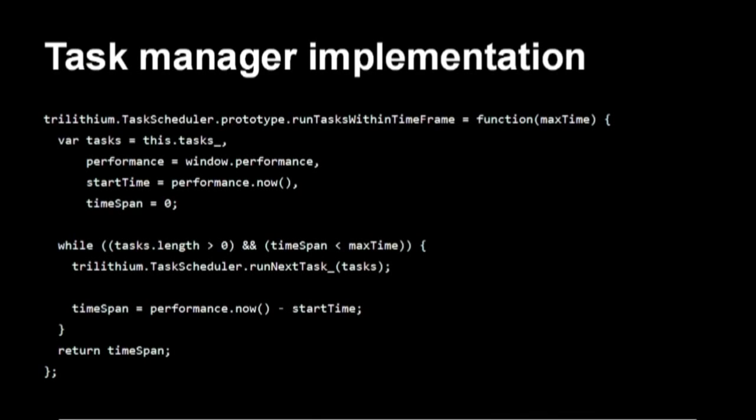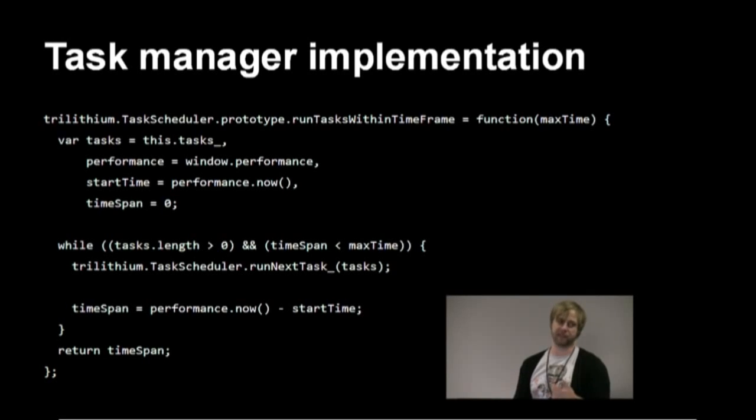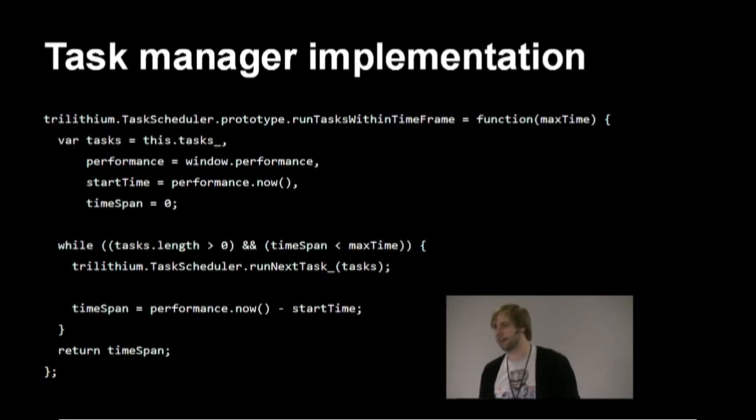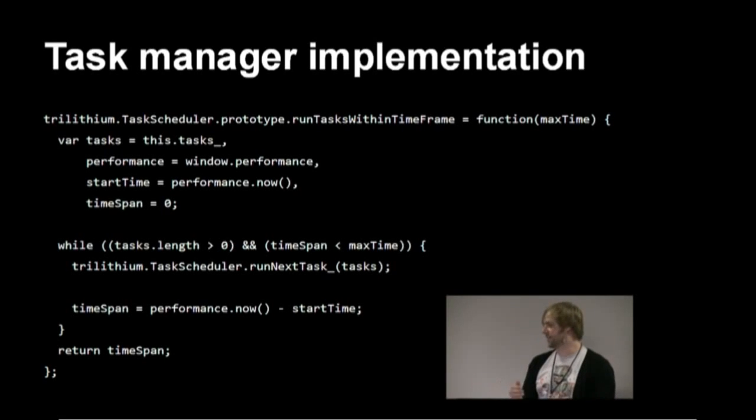Obviously our task manager, nothing special. First in, first out. We look at the number of tasks. We compare it to whatever our maximum time span is. We pop a task, we run it, we check it, and we keep going until we either run out of tasks or we run out of time. Like I said, nothing special, but it actually really helped us keep that frame rate.